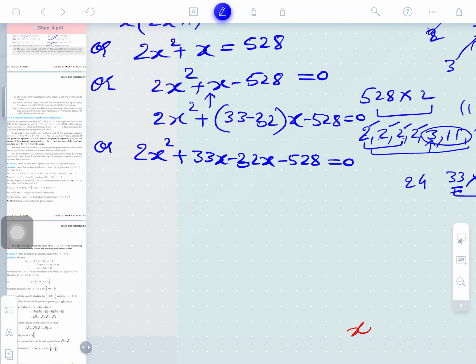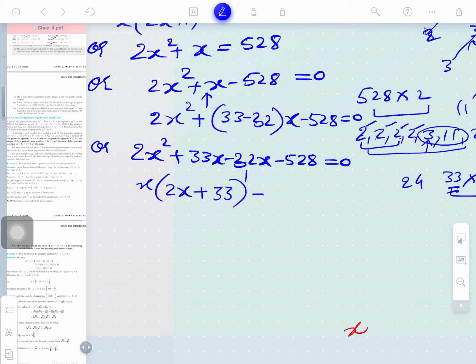Now take common between them. What is common in them? x is common, and 2x is left here, and 33 is there, but x square will not be here. Why? Because one x has been taken common, only x is common in them. And what is common later?